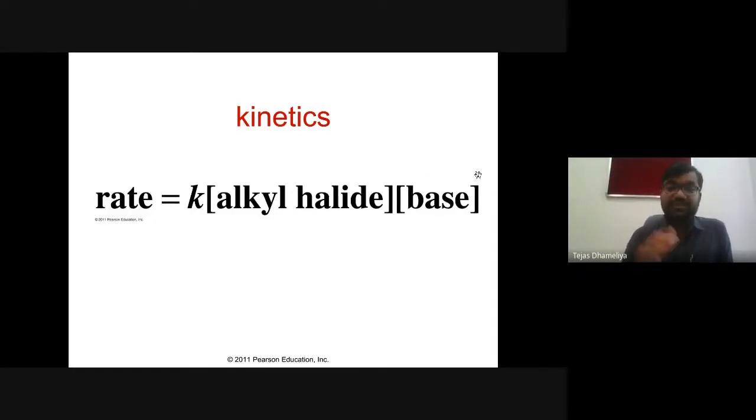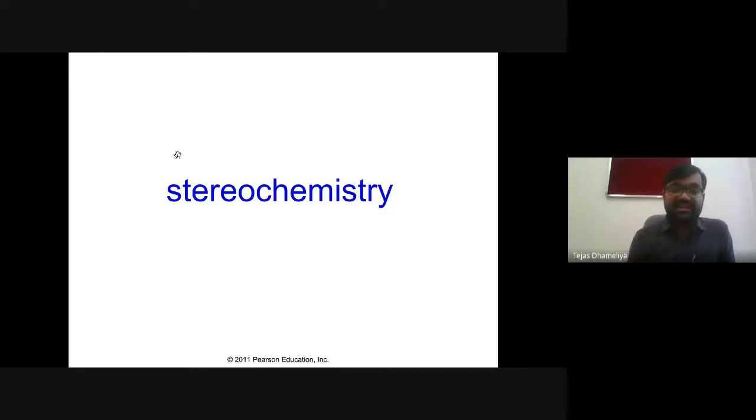For base, it is also a power 1, but if you sum up 1 plus 1, it will become 2. That's why this is a second order reaction. I hope that I am able to make you clear about this kinetics and mechanism of elimination bimolecular reaction.